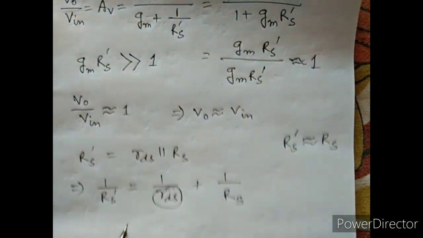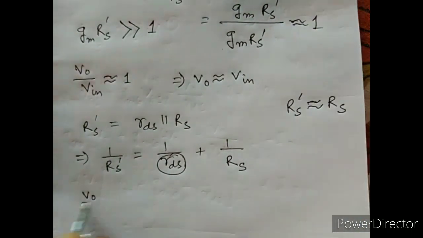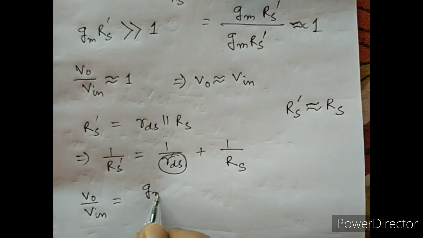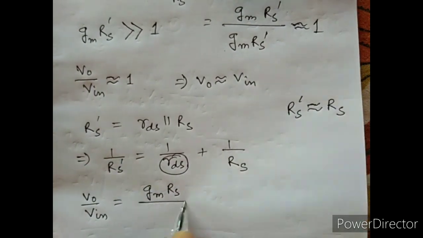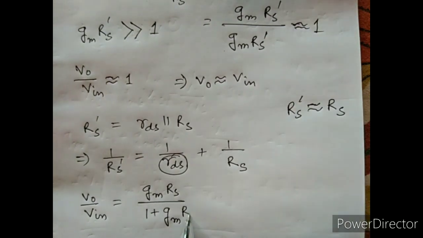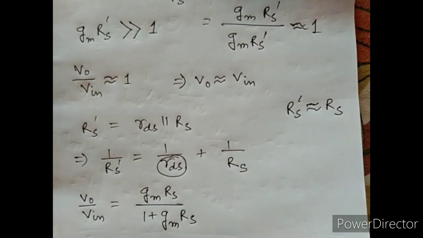So Vout by Vin will be gm RS by 1 plus gm RS, that's the voltage gain.